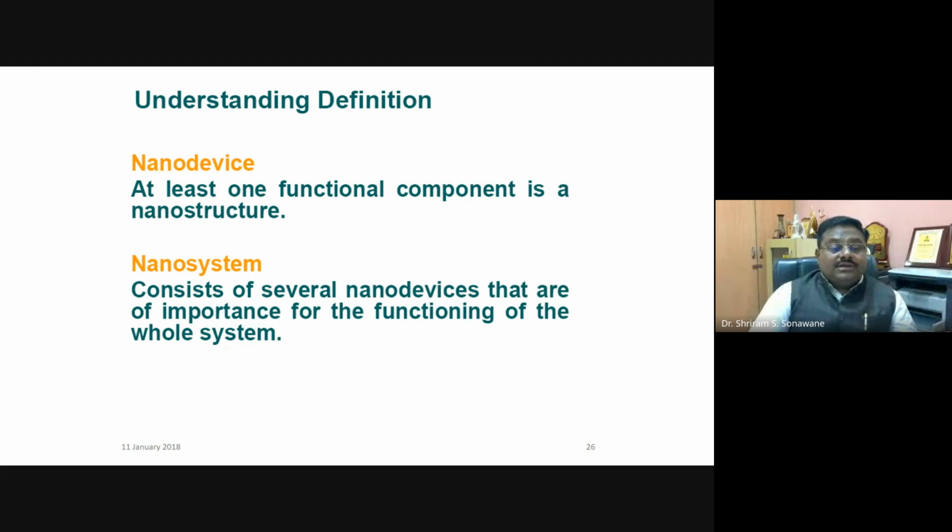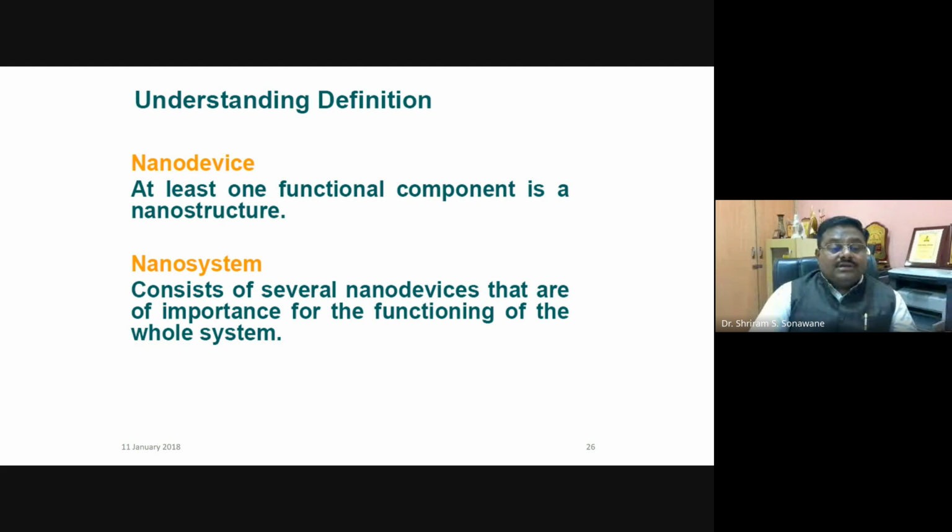Now, what are nano devices? Everybody talks about nano devices. Was the Tata Nano car a nano device? No. He just used the name Nano, but no component of that car was nano. So what is a nano device? At least one functional component, the component that performs the function, should be a nanostructure. This means you have to look back to the definition of nanostructure. At least one functional component should be a nanostructure, and then it may be called a nano device.